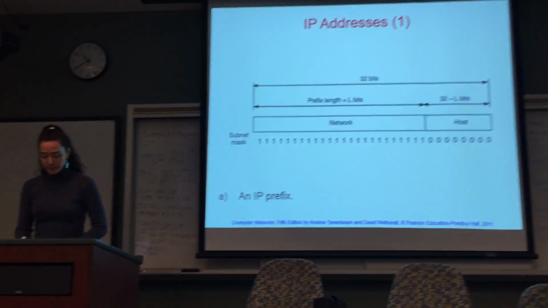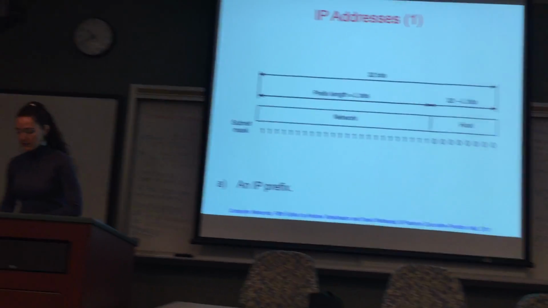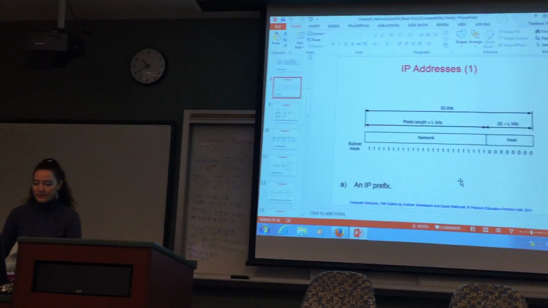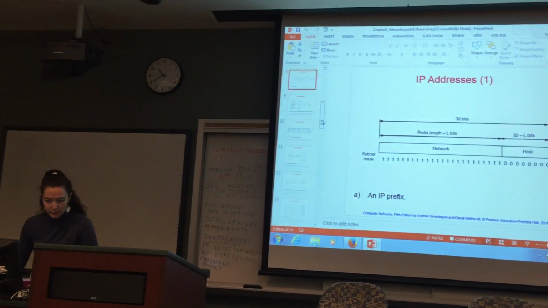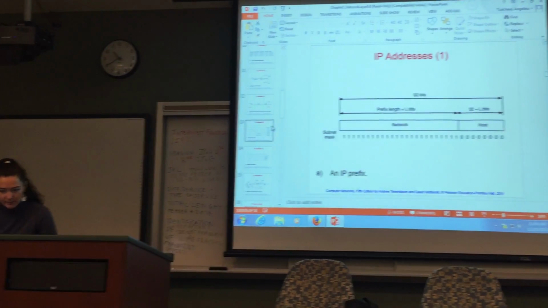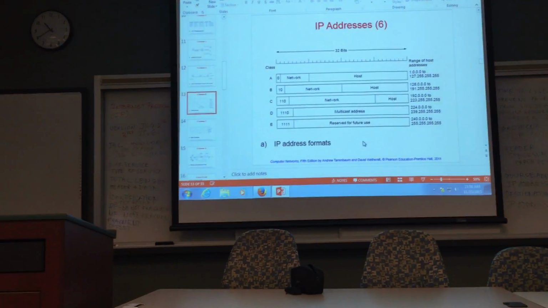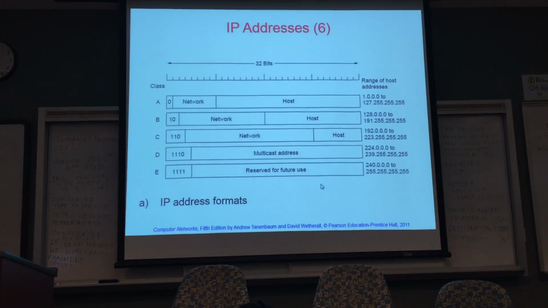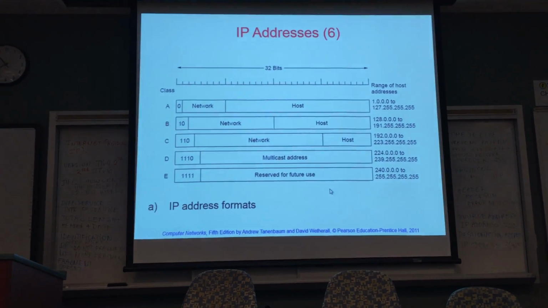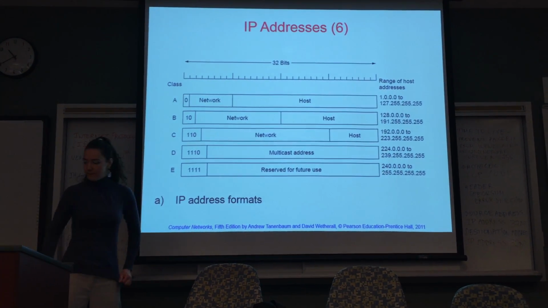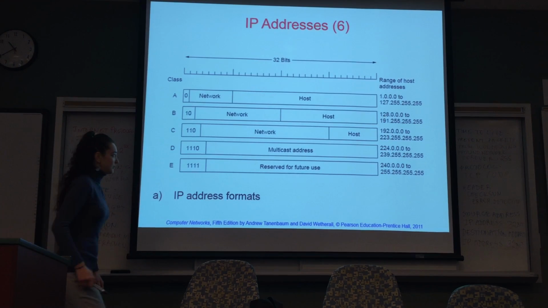Because the way we originally assigned these addresses is we divided them into classes. So each class has a different number of bits that is available for the host.